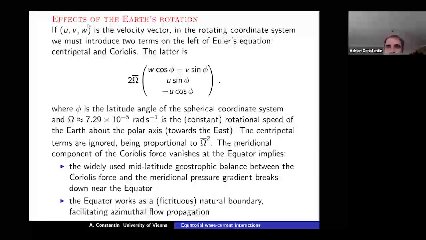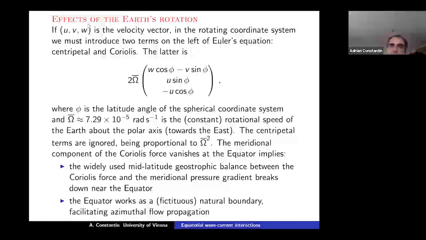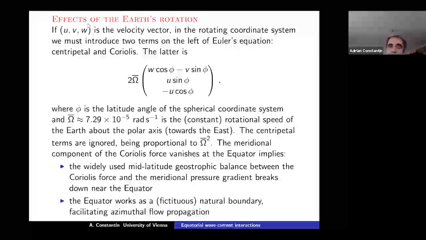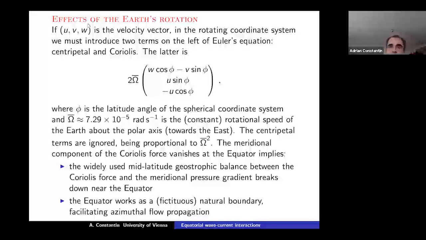And there is one important feature here which makes the analysis possible. When you put phi equals 0, you will see that the sine becomes 0. So the meridional component is not there. And this makes the wave propagation to be east-west or west-east.